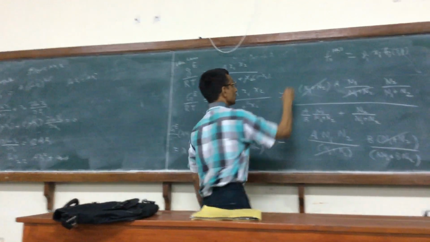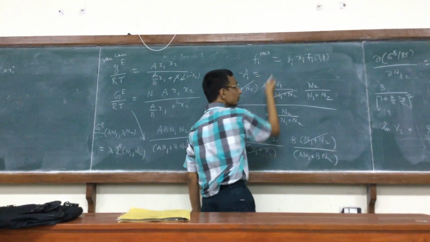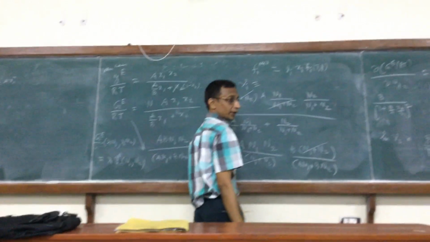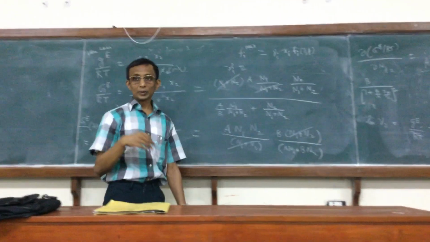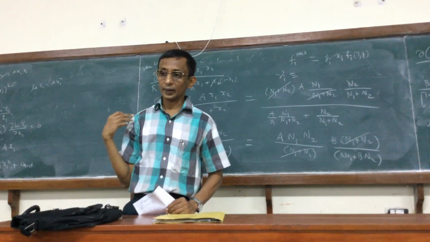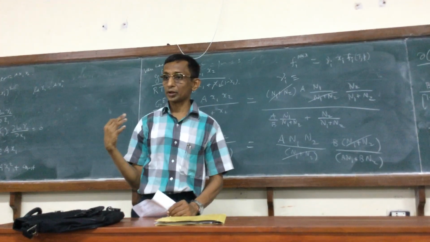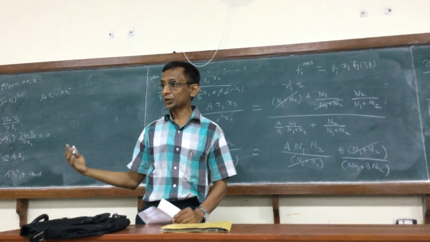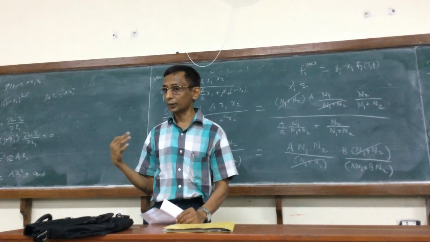We introduced the gamma through the chemical potential as an exponential. Some books define the gamma as a ratio of Fi mixed to xi Fi. Then automatically, from the definition of the ideal solution, we know that the gamma for the ideal solution is 1, and you regard the gamma as how much the actual mixture deviates from the ideal solution.